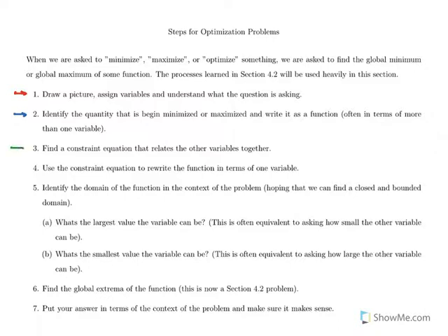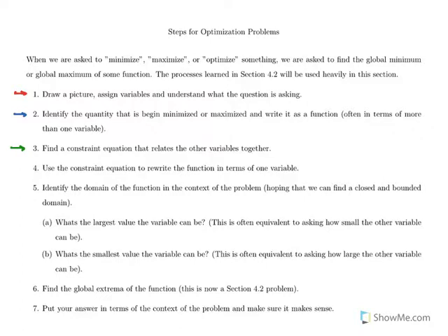Once I have identified that function and written it out in terms of probably more than one variable, then we are going to translate that function into a function of one variable. That is, we're going to find a constraint equation that relates the other variables together. So if we have length and width, we're going to try to find some kind of equation given in the problem that will relate length and width together.